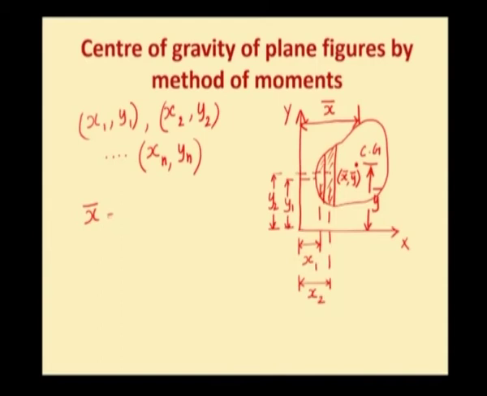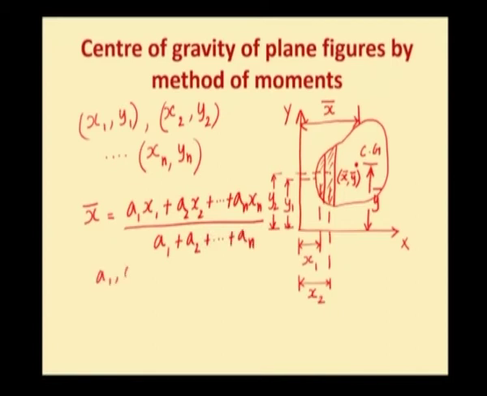X bar will be equal to a1 x1 plus a2 x2 plus up to an xn, divided by the sum of all the individual areas of the strips, a1 plus a2 up to an. Here a1, a2 etc. are areas of the divided small strips.